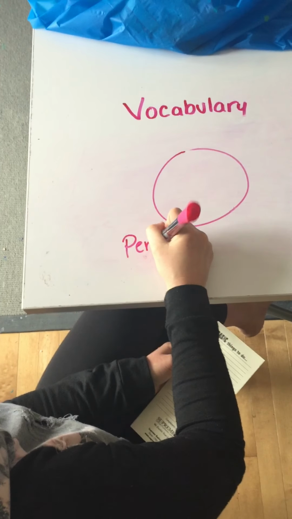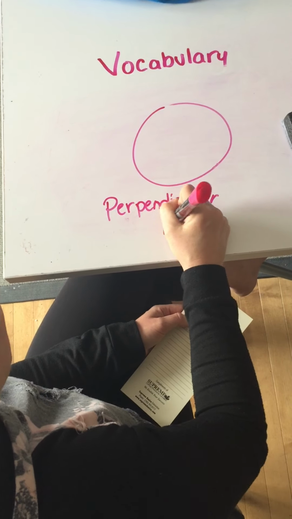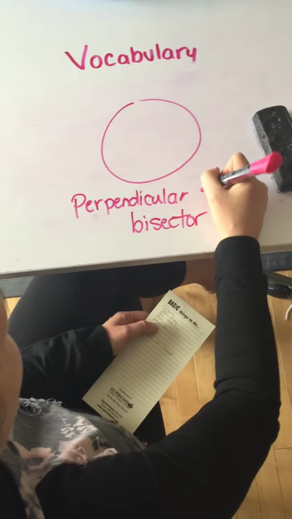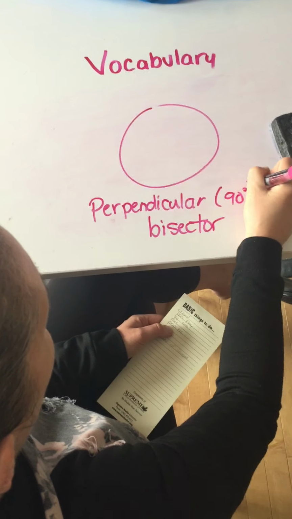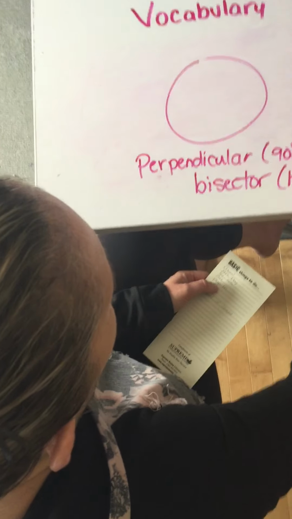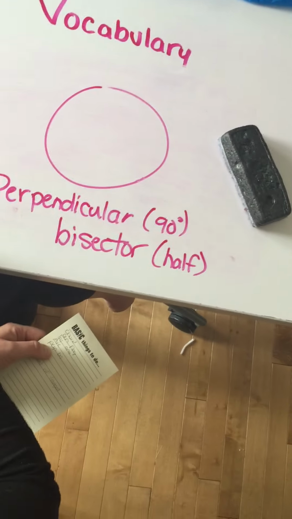Perpendicular bisector. This is something that we talked about in grade 7. Perpendicular means 90 degrees. Bisector means in half. So if something meets at 90 degrees and it cuts it in half, it's called a perpendicular bisector.